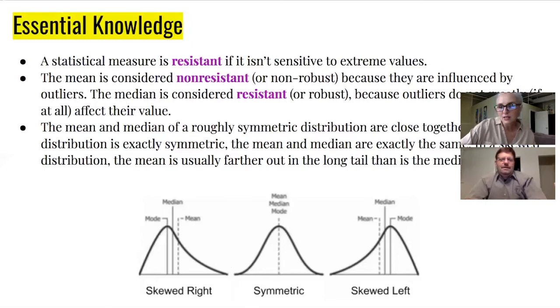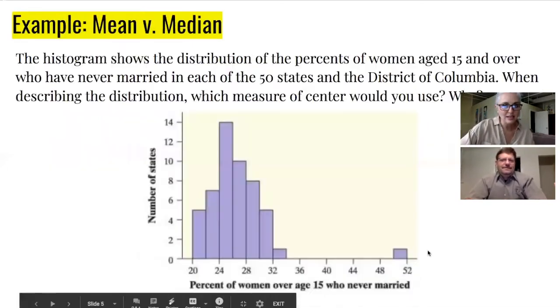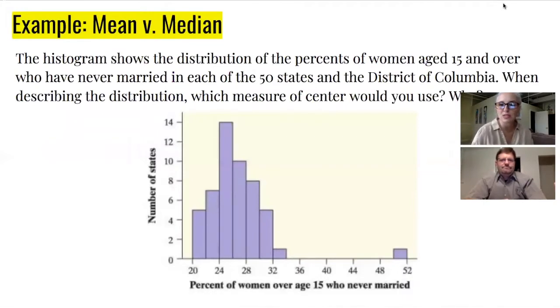Okay, so let's look at this histogram. It says the histogram shows the distribution of the percents of women aged 15 and over who have never married in each of the 50 states and in DC. When describing the distribution, which measure of center would you use?